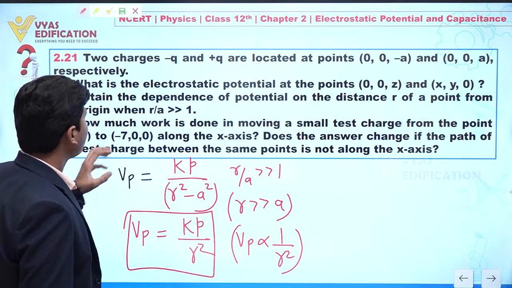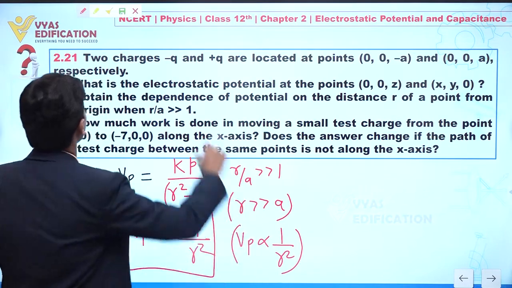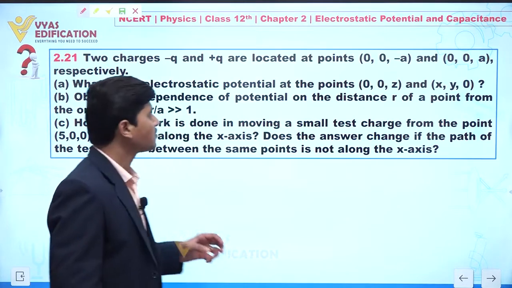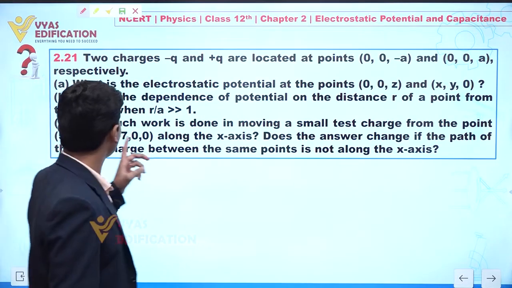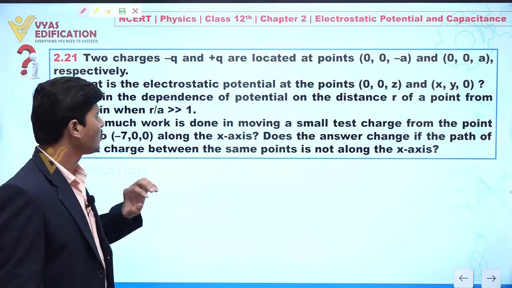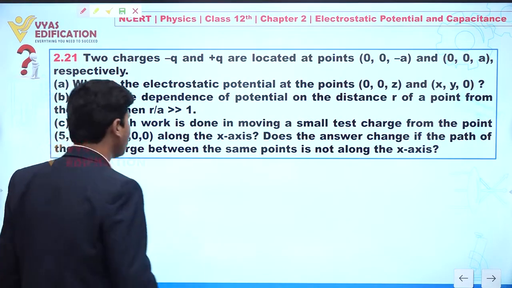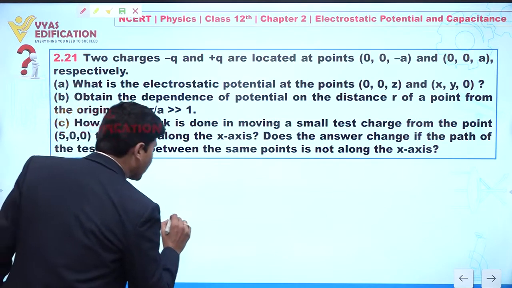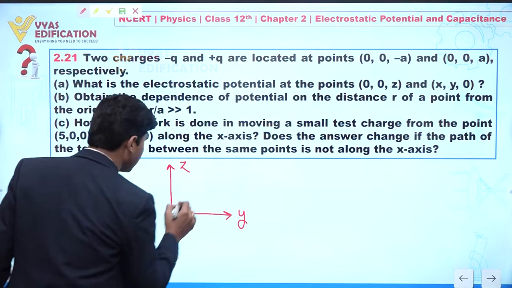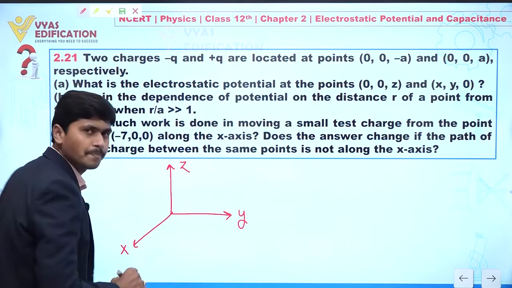Okay. Now if we talk about part C: how much work is done in moving a small test charge from (5, 0, 0) to (-7, 0, 0) along the x-axis. Let's suppose this is the y-axis, this is the z-axis, and this is the x-axis.